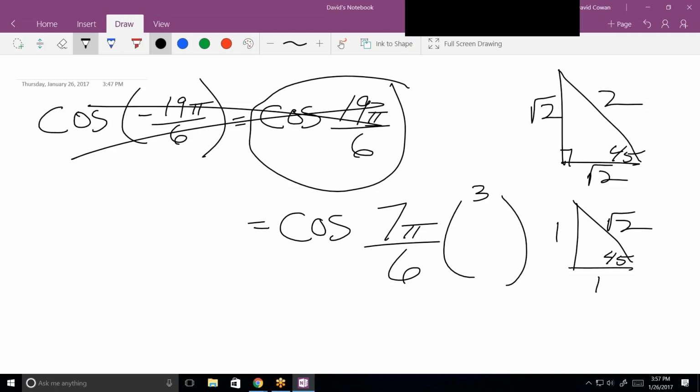So what's the reference angle? The reference angle is pi over 6. And what's the cosine of pi over 6? I think that would be negative. You're right. Yeah, negative. What's its number? Negative root 3 over 2.